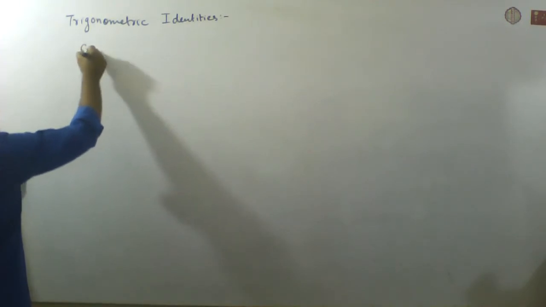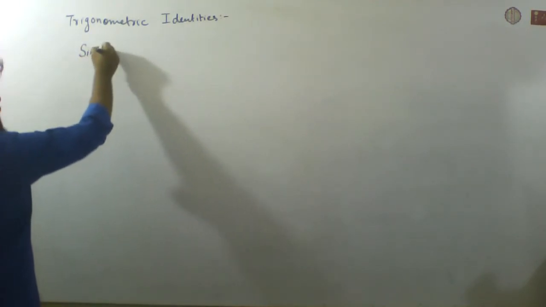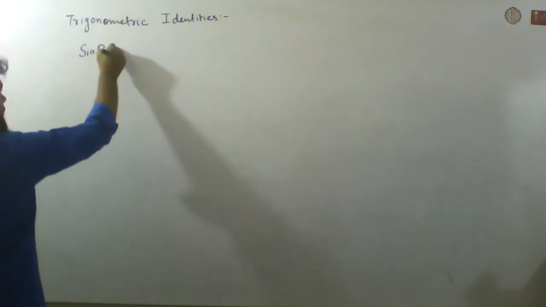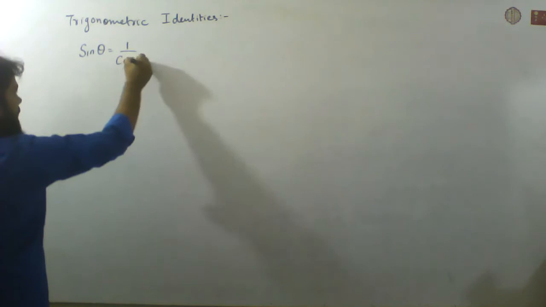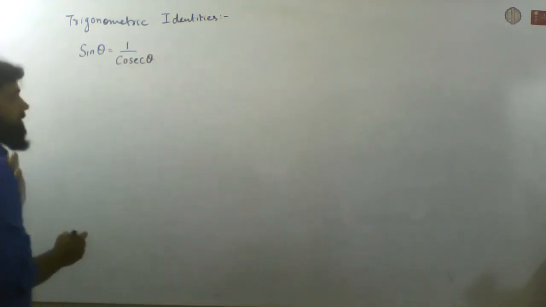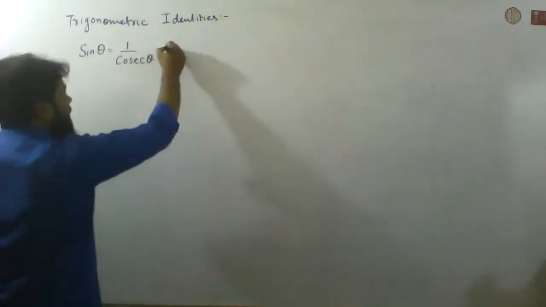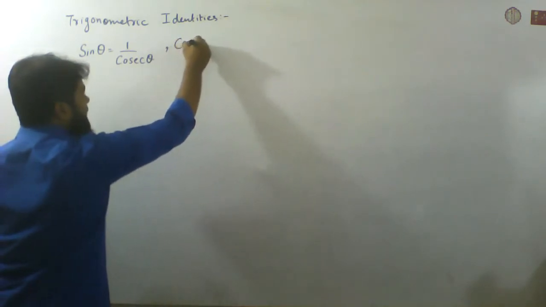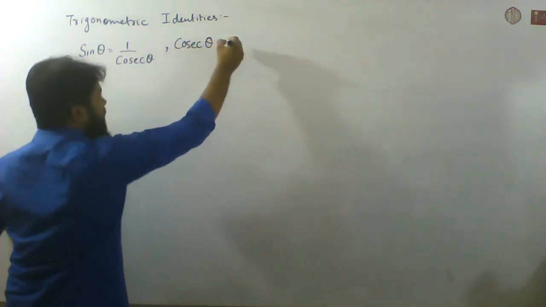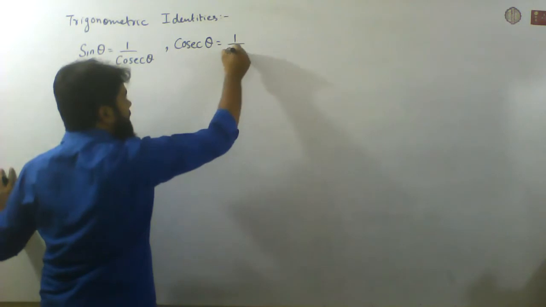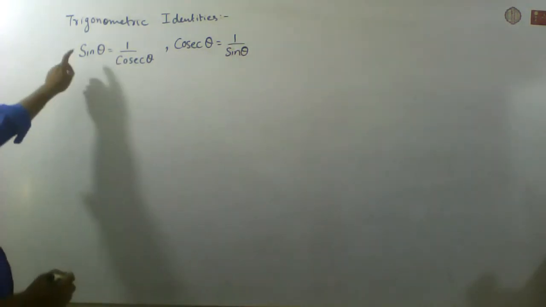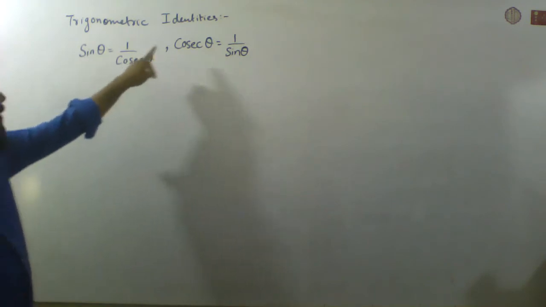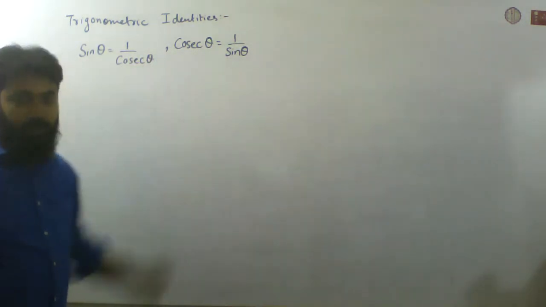The first thing: sine theta is equal to 1 over cosec theta, or cosec theta equals 1 over sine theta. Each is the reciprocal of the other.